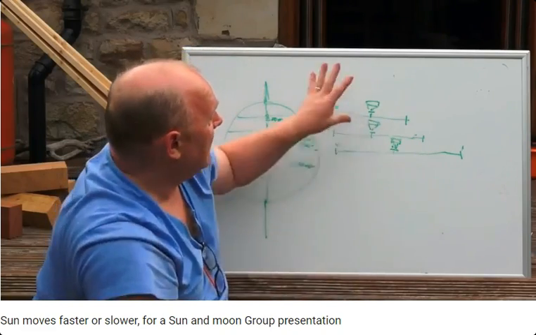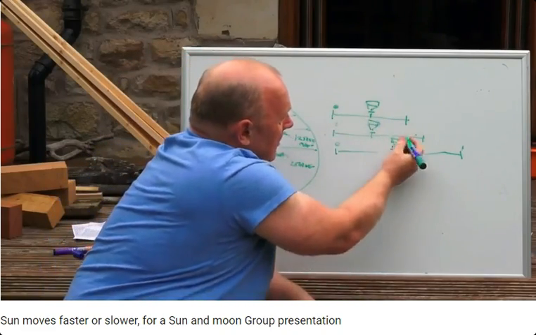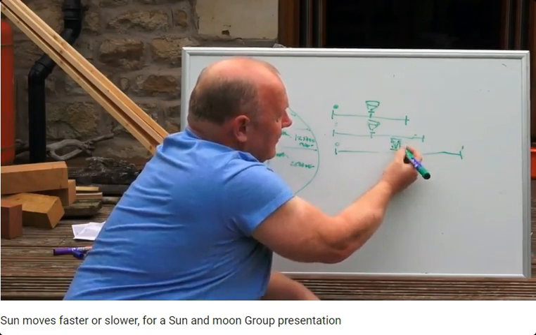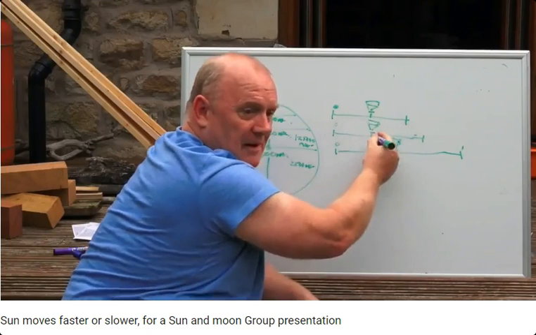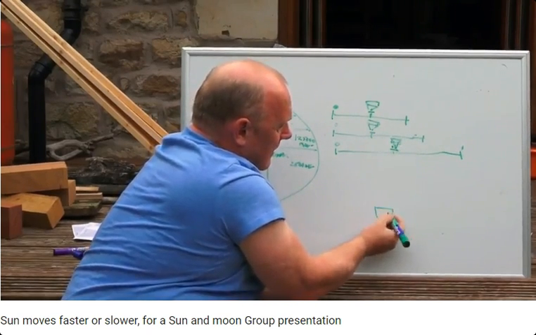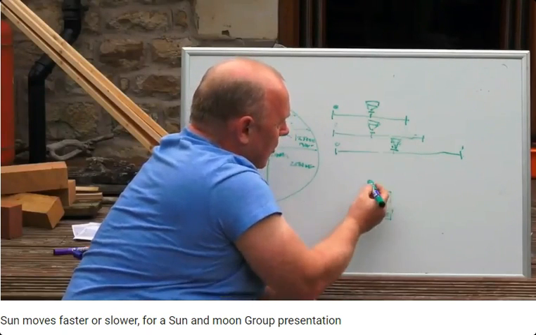So if you took a snap in time, this is at the midday point of each distance. The sun will be there for one. The next one up will be there, and this one up will be there.